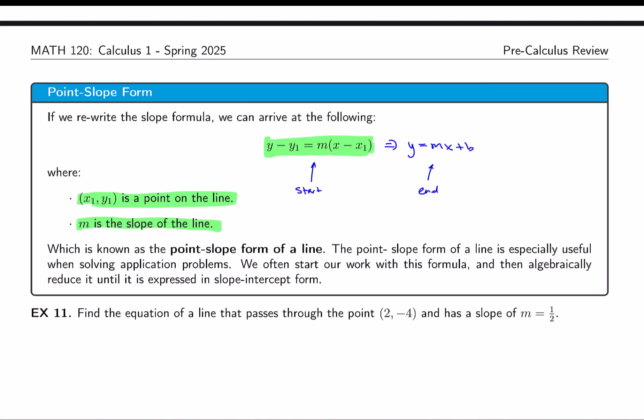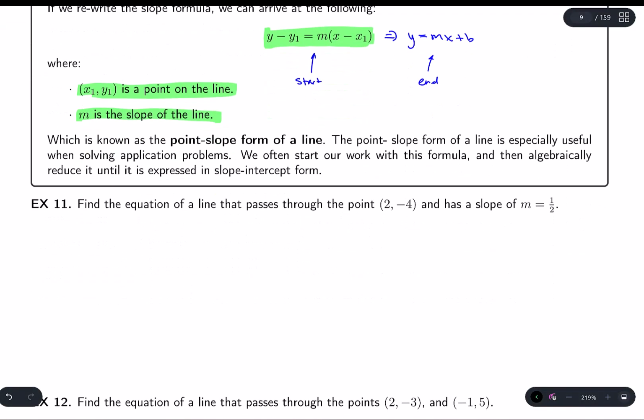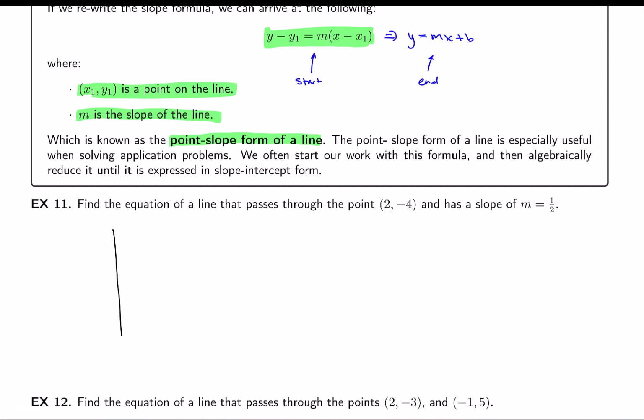All right, so for instance, using the point slope form, let's find the equation of a line passing through the point 2, negative 4, having a slope of 1/2. Visually, what's happening here is we have some point at 2, negative 4.